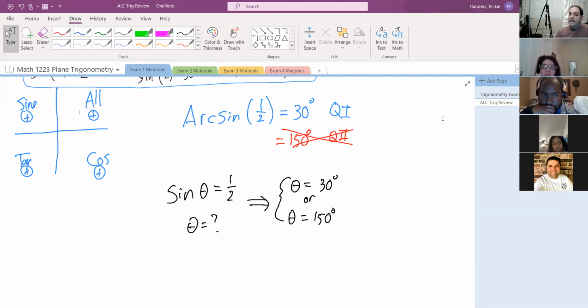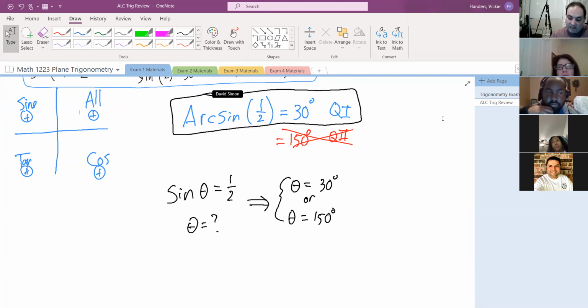I didn't ask specifically what is the inverse sine. I said, what angle has the sine ratio of 1/2? And so therefore now you can answer both. But arc sine at the top there is a calculation. This is something that needs to be defined as an individual operation, and therefore it can only have one answer.